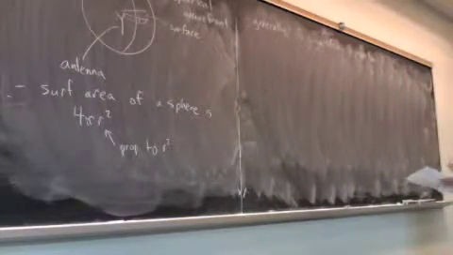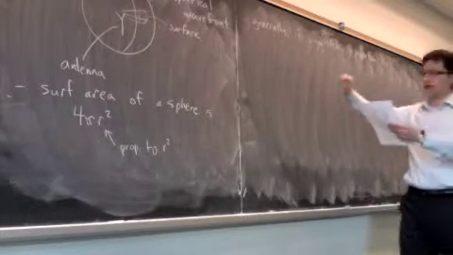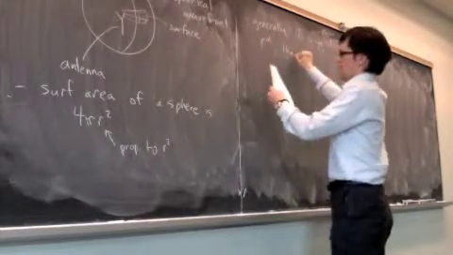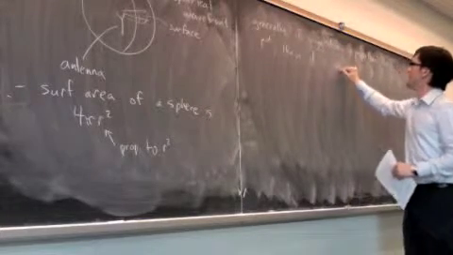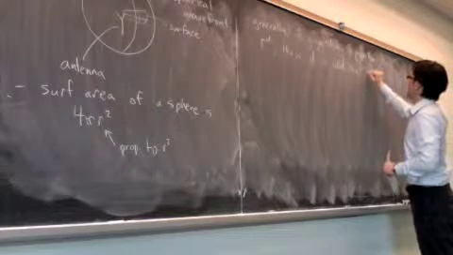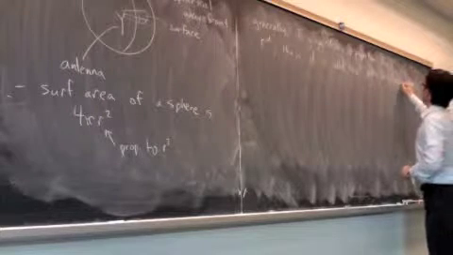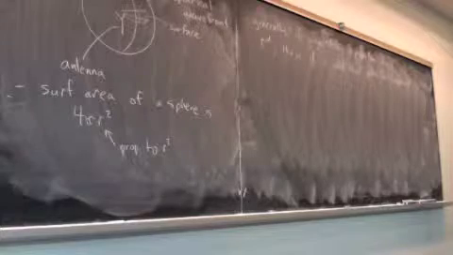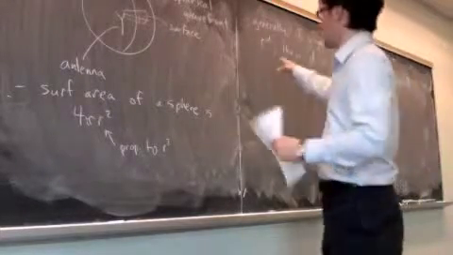If signal power decay is proportional to r to the power of d, then d is called the path loss exponent. So in free space, what's the path loss exponent? 2. It decays proportional to r squared, so the path loss exponent is 2.